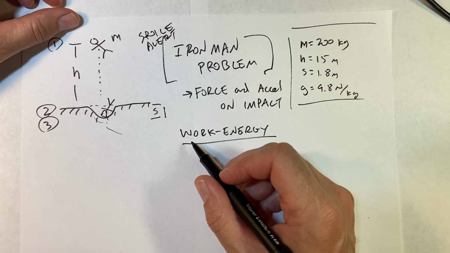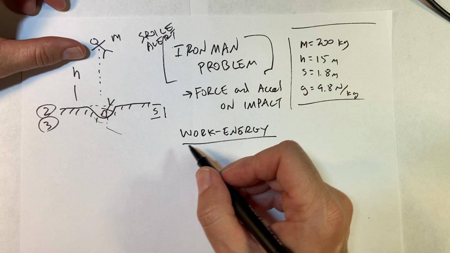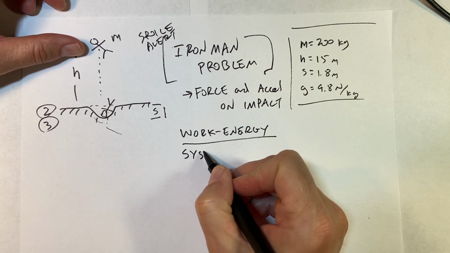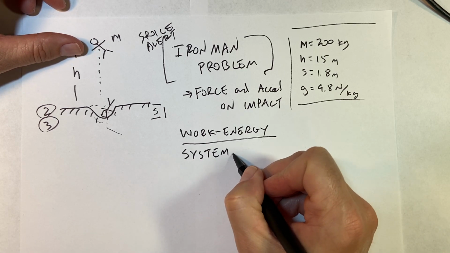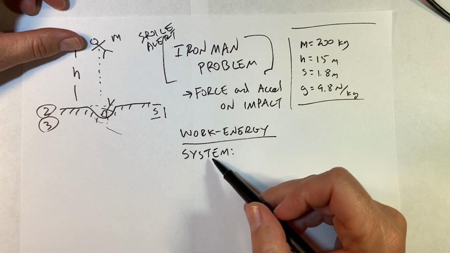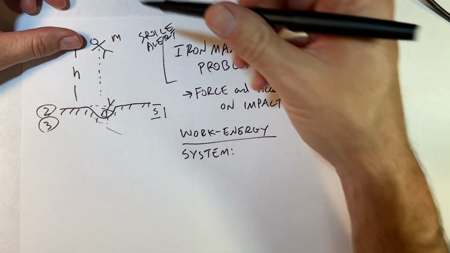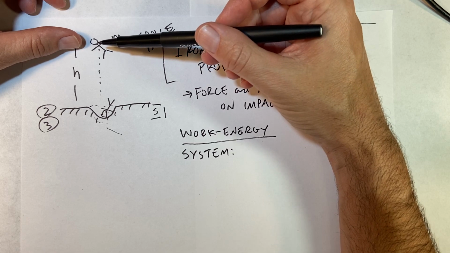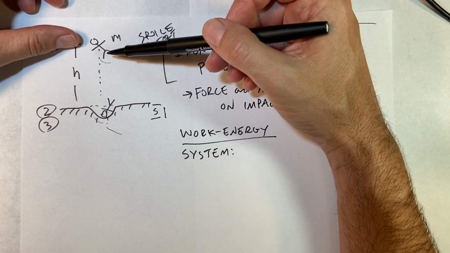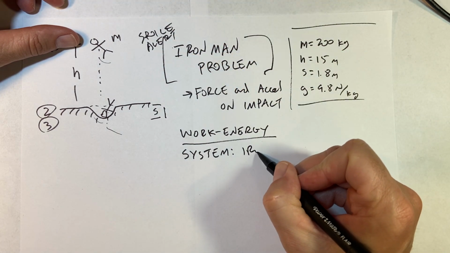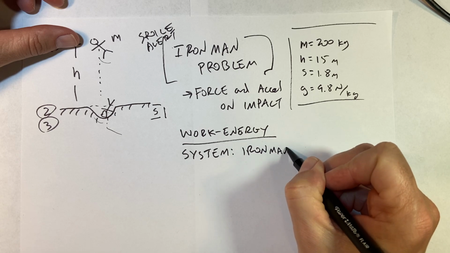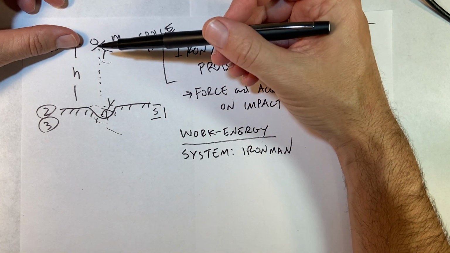Now, as soon as you do that, the next thing you should say is, what's my system? Because this matters for how you set things up. If I pick just Iron Man as my system, then I need to consider what forces do work on him.